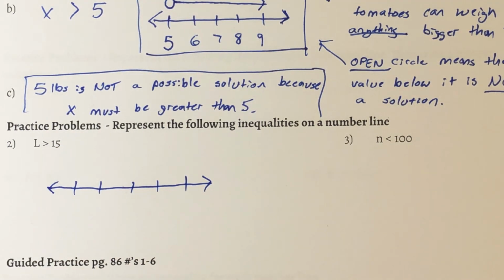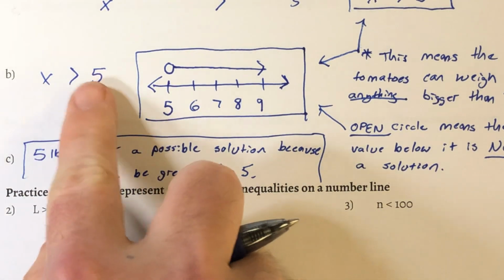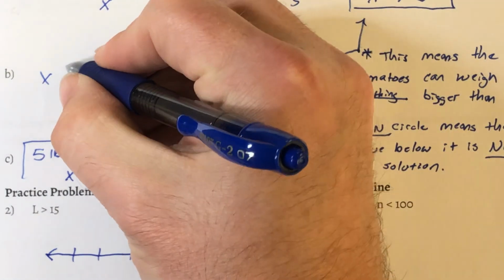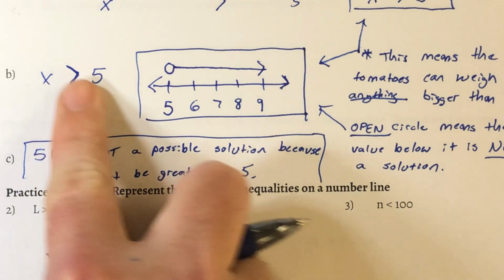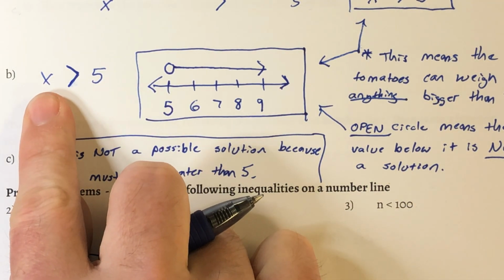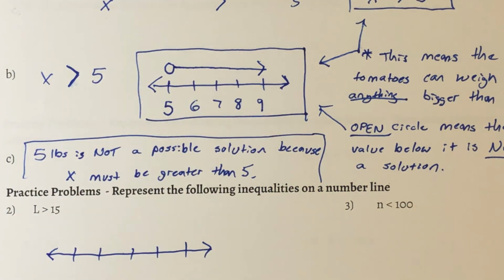Now there is a shortcut for this. If you look at the previous example, you'll notice that the arrow points in the right direction. And if you look at my greater than symbol, it almost looks like an arrow pointing in the right direction. This only works if the letter is on the left side of your inequality. If the X was on the other side, it would not work.